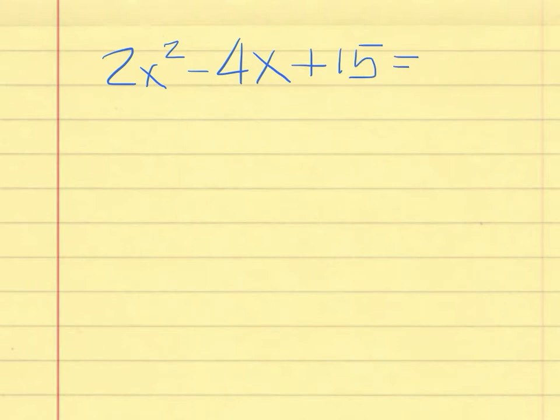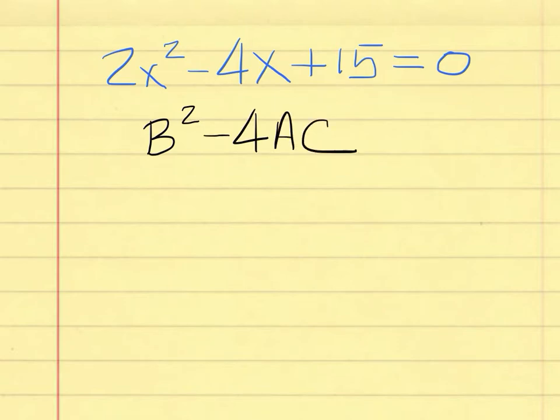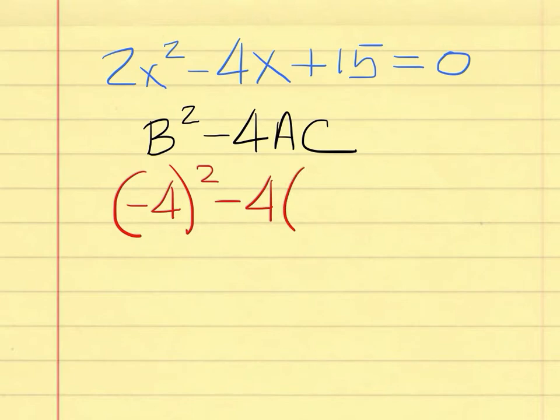On this same video, we're going to look at 2x squared minus 4x plus 15 equals 0. And use the discriminant of b squared minus 4ac to figure out how many solutions it has. What is b? Negative 4. So we square that and subtract 4 times a, which is what? And times c? 15.